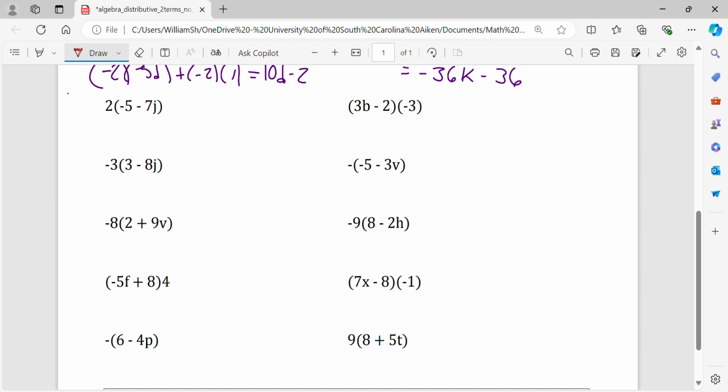Okay? So going forward, here's what I'm going to do with the rest of these problems. I'm going to show you the distribution step with arrows, and then I'm going to go straight to the answer. Because ideally, as we work these, that's what we should be able to do. We shouldn't have to write some intermediate steps. Now, if you're just now seeing this or just now remembering this, and this is really a hard brush up for you, by all means, take your time.